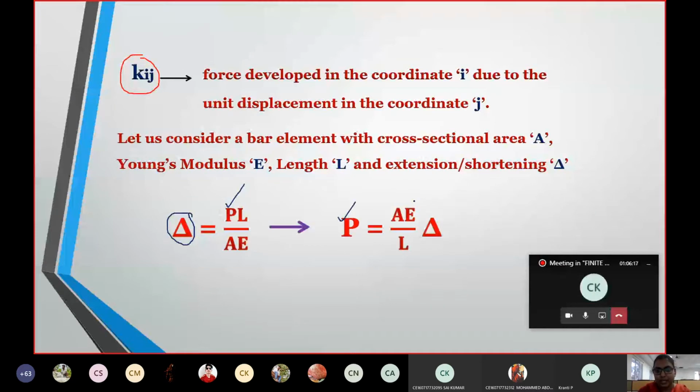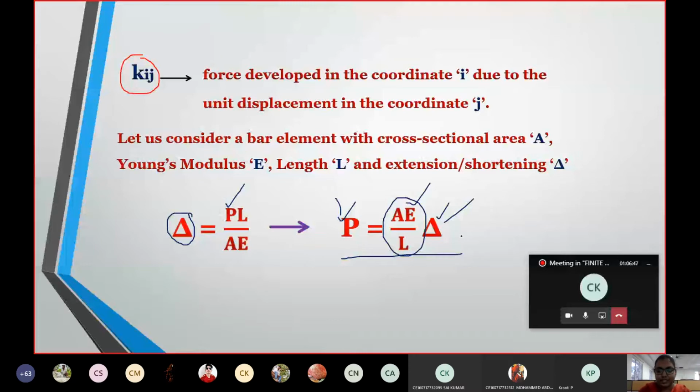I need P in terms of delta. So P is equal to AE by L into delta. This is the similar form we saw: force vector, displacement vector, and in between a relation depending upon the material properties and the dimensions of the bar. So Kij terms will come in the form of AE by L terms.